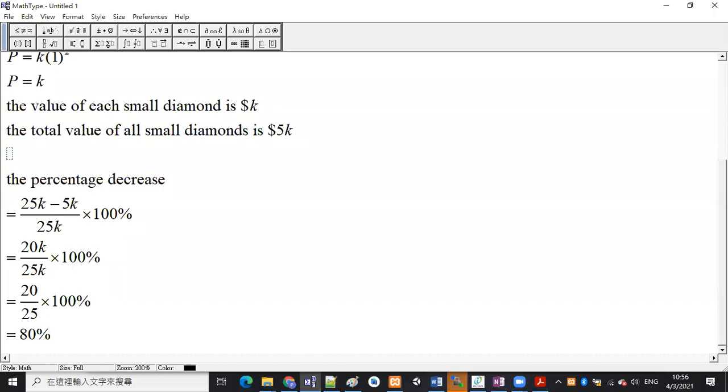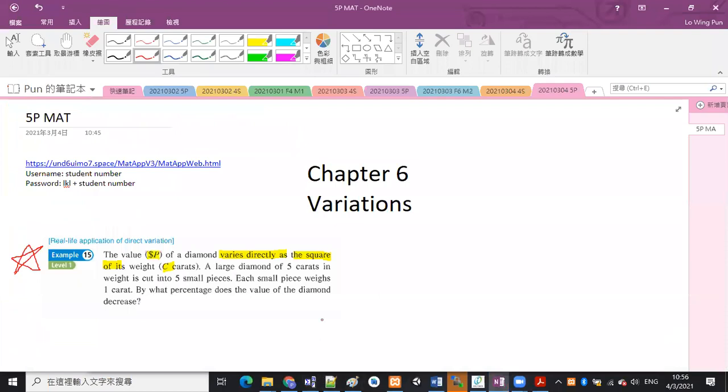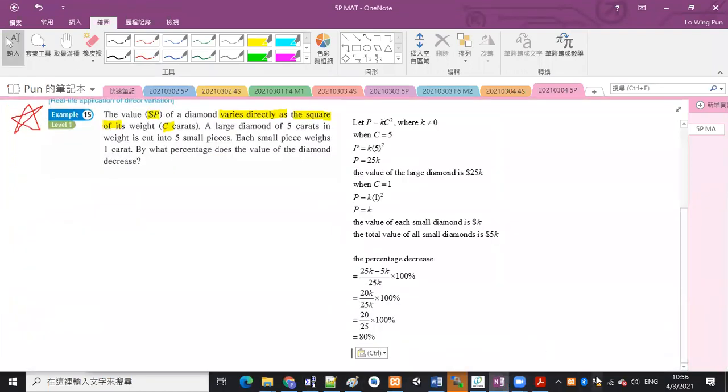So the percentage decrease should be 80%, and that is the answer of this question. 呢度有少少特別，佢唔係純粹叫你計一個大嘅同一個細嘅，而係要將一粒細鑽石嘅價值乘5，先至係個 total，咁先可以計到個 percentage decrease。So this is example 15.